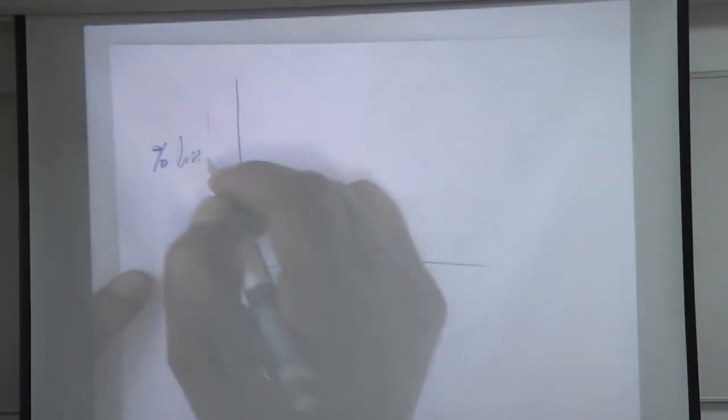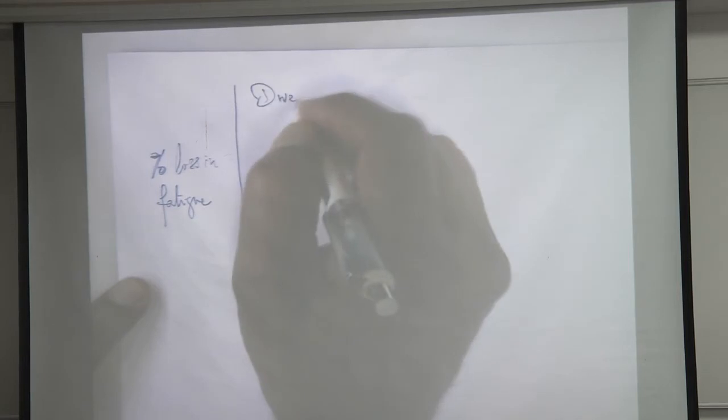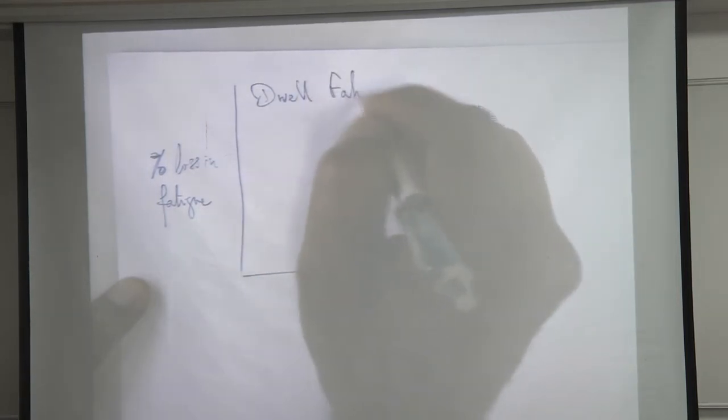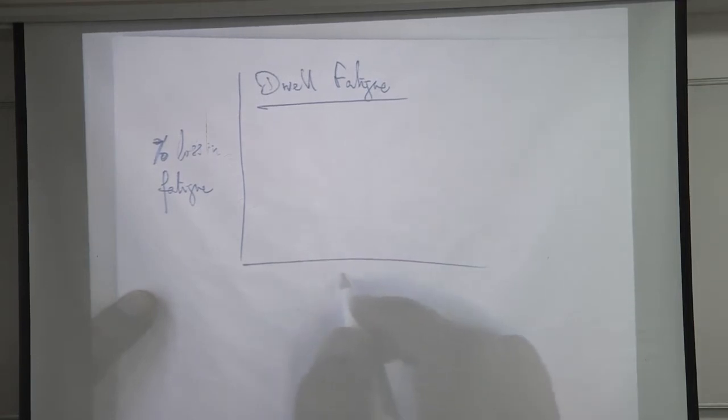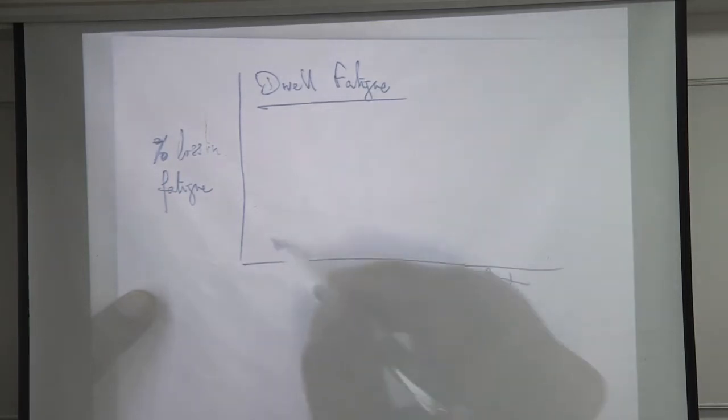Percent loss in fatigue life. So this is dwell fatigue. Percent loss in fatigue life versus percent alpha volume fraction. I don't know how the curve would be, but just let's put it like a dotted line.